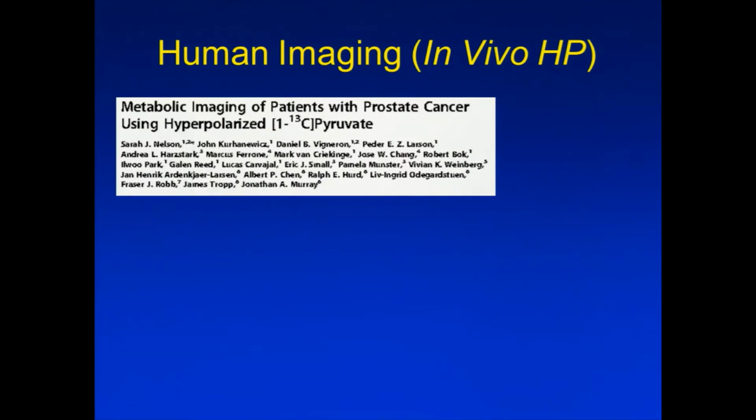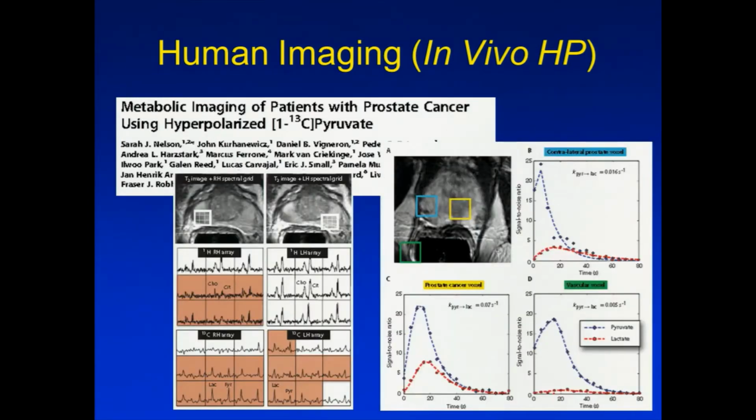And this is the first human imaging paper from the UCSF group, and this was a cohort of patients. It was a phase 1 clinical trial, and they got what I thought was really compelling data. Here you see the proton spectroscopy that they're trying to do on the same regions of interest that they're doing the carbon-13 CSI in.